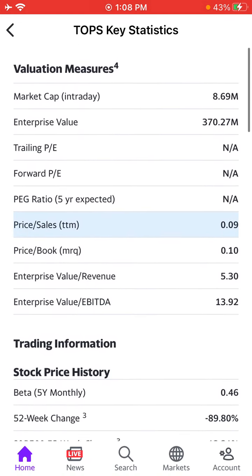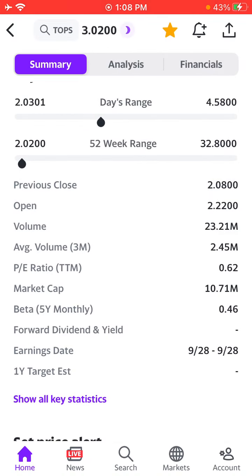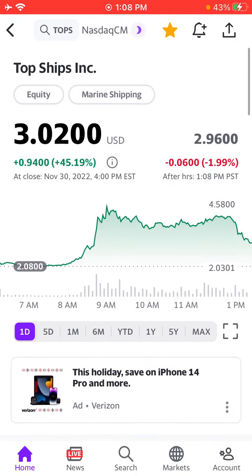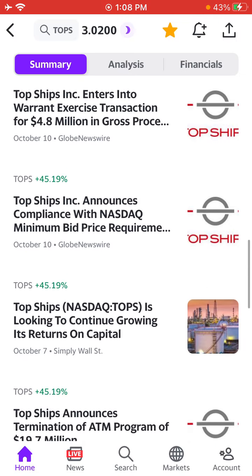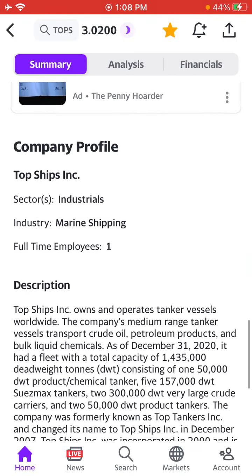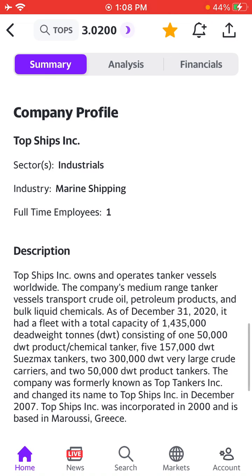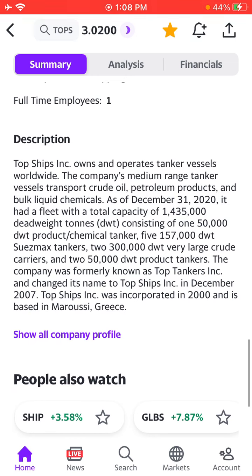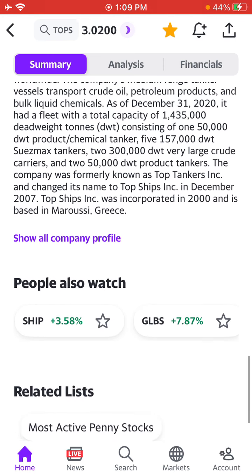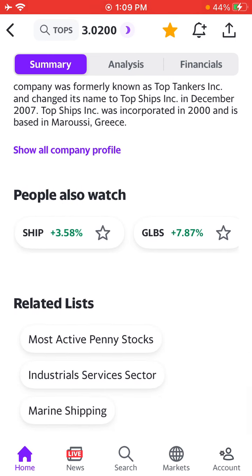on Yahoo Finance, and if we go back here, we see that if we scroll down here to company profile and then show, if you see here on the bottom, it says the last sentence that the company was incorporated in 2000 and is based in Greece.